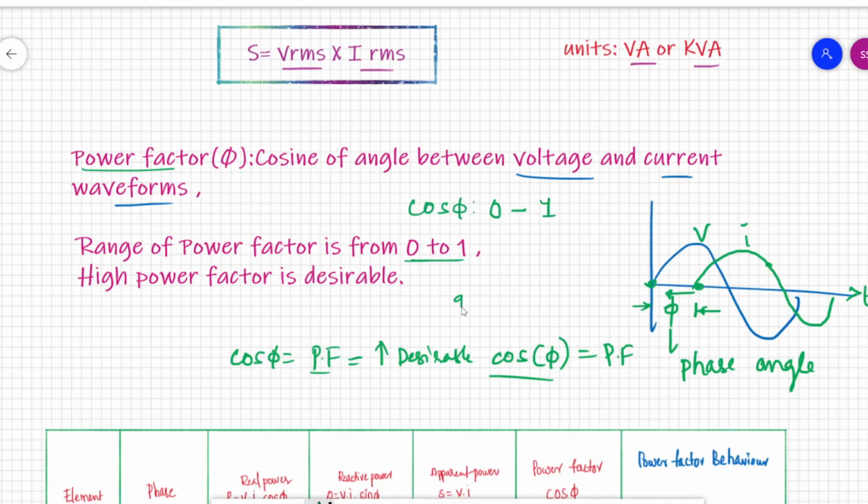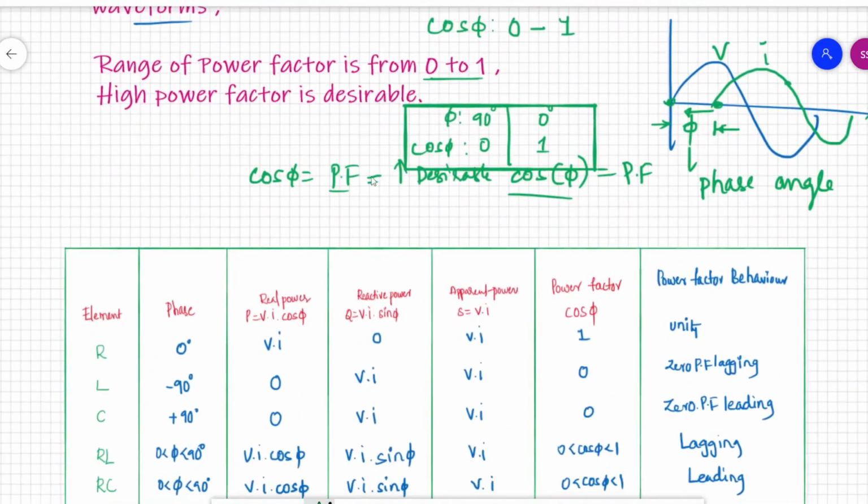For 90 degrees it is 0, for 0 degrees it is 1. Now, a high power factor is desirable in electrical systems.